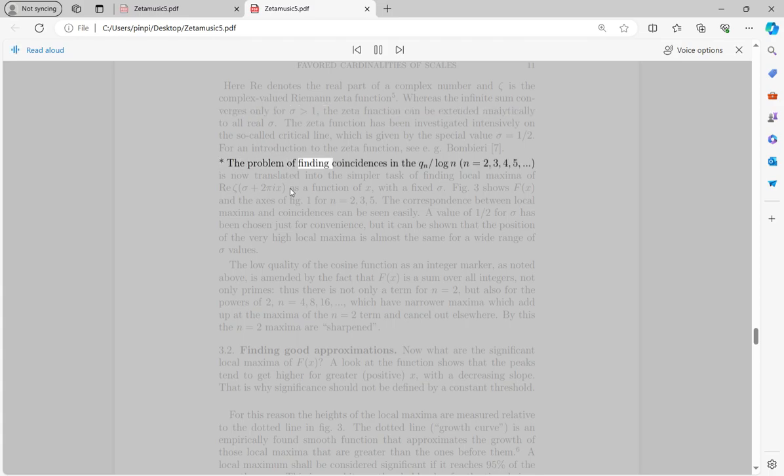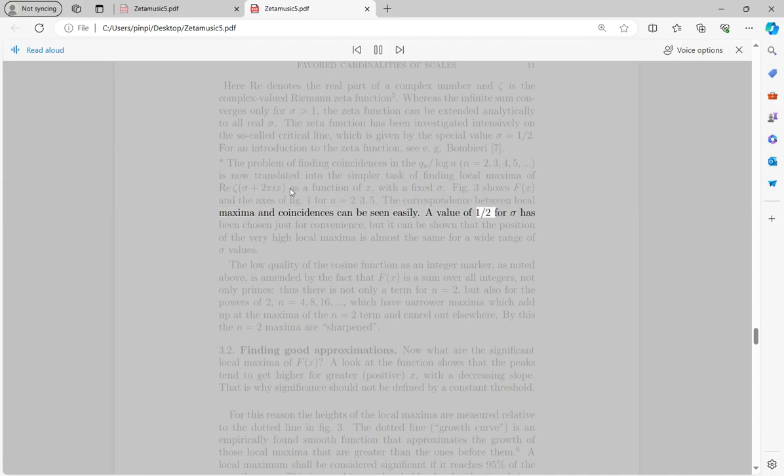Asterisk. The problem of finding coincidences in the n/log n equals 2, 3, 4, 5, is now translated into the simpler task of finding local maxima of Re zeta(σ + 2πix) as a function of x, with a fixed σ. Figure 3 shows f(x) and the axis of figure 1 for n equals 2, 3, 5. The correspondence between local maxima and coincidences can be seen easily.